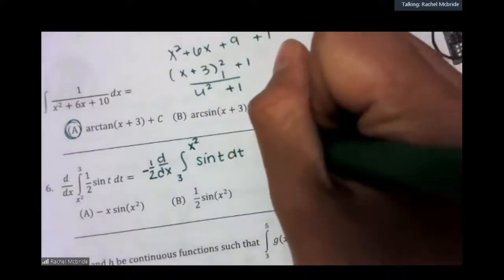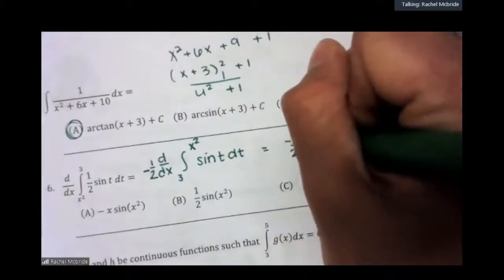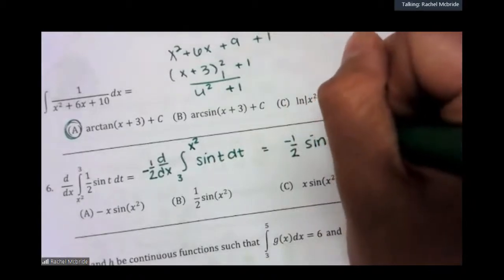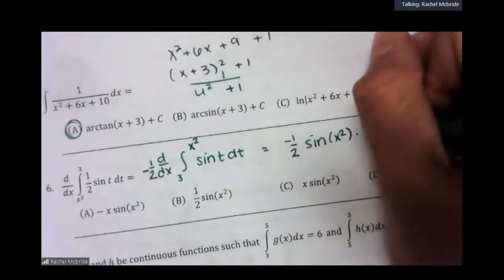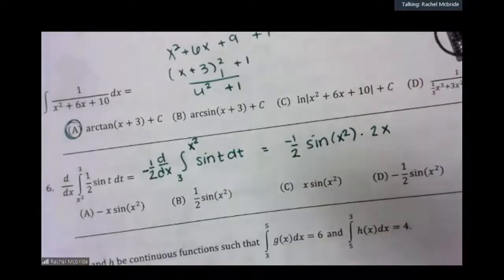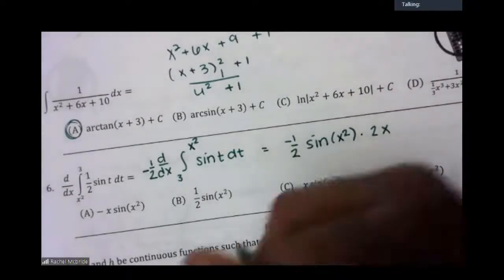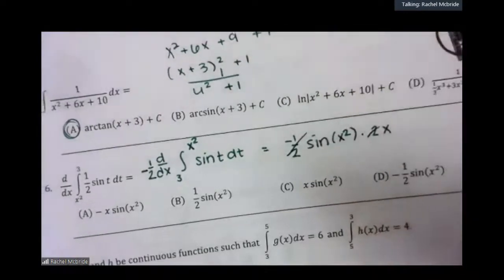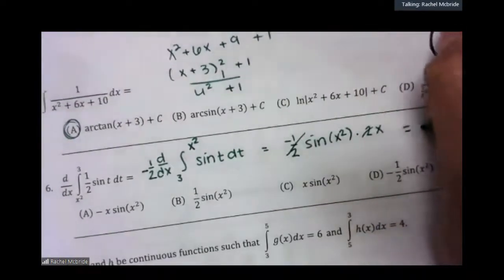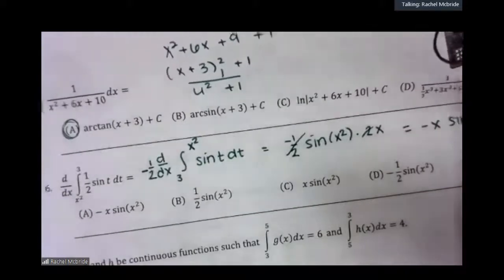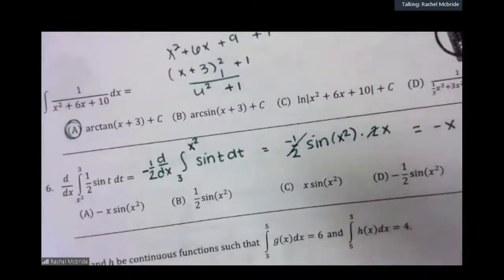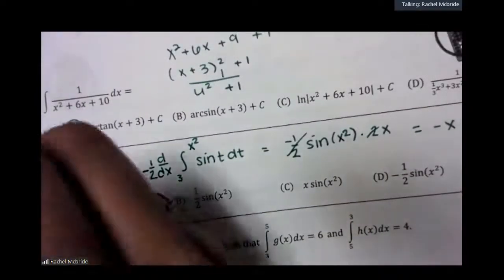So this becomes -1/2 sine x squared times 2x. So the 1/2 and the 2 cancel, and we get -x sine x squared, which is answer choice A.